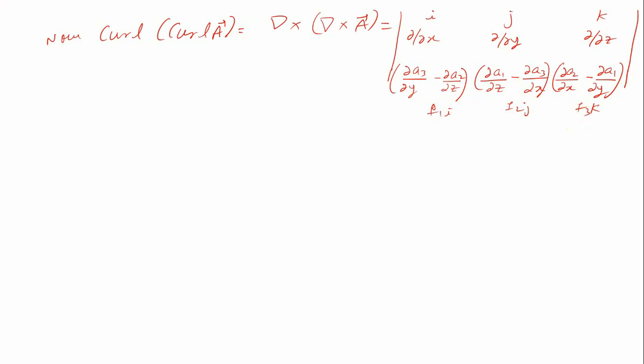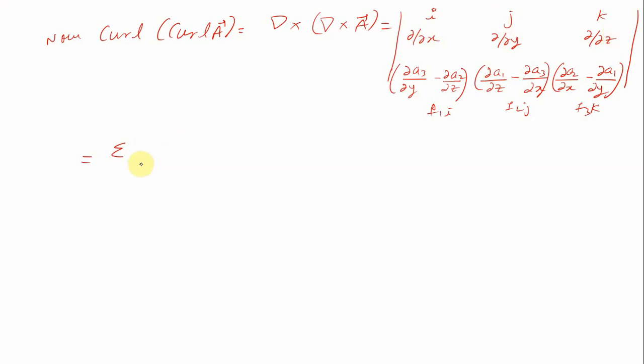Okay, so now again substituting the values and rearranging, you can see this can be written in short form, that is summation of only the first term. I will write summation, which means it is continued to j and k.